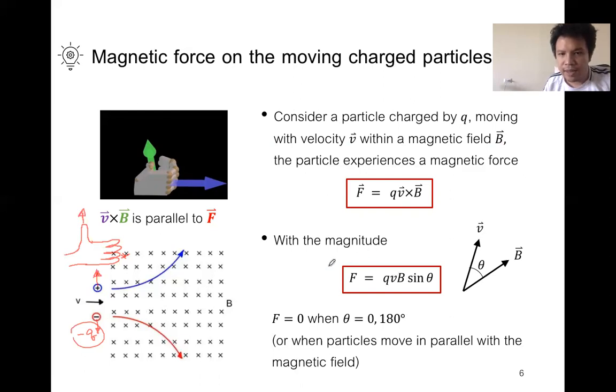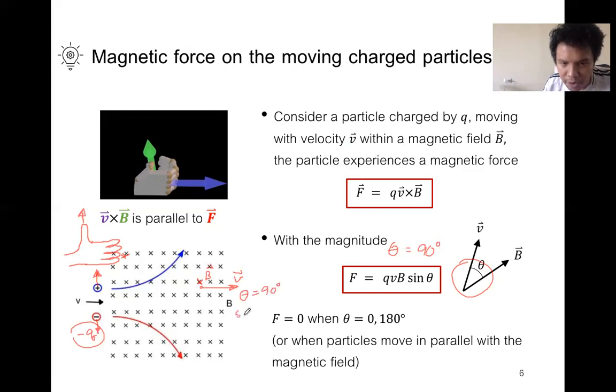Then for the case that there is an angle theta between v and B: in some cases, velocity and magnetic field are at a right angle. If the vector v is pointing in one direction and vector B is going to the right, I can say theta is 90 degrees, making a right angle.